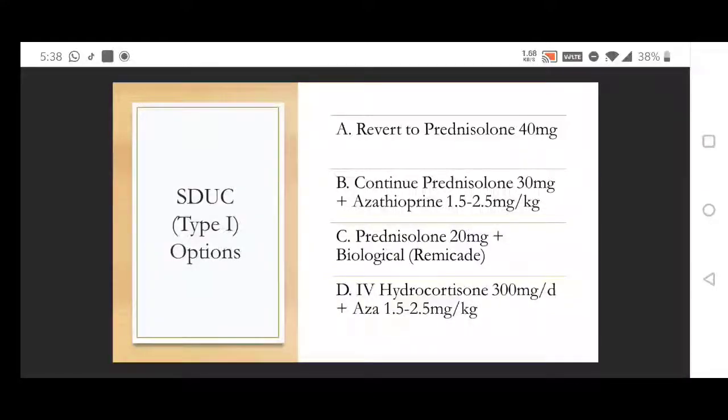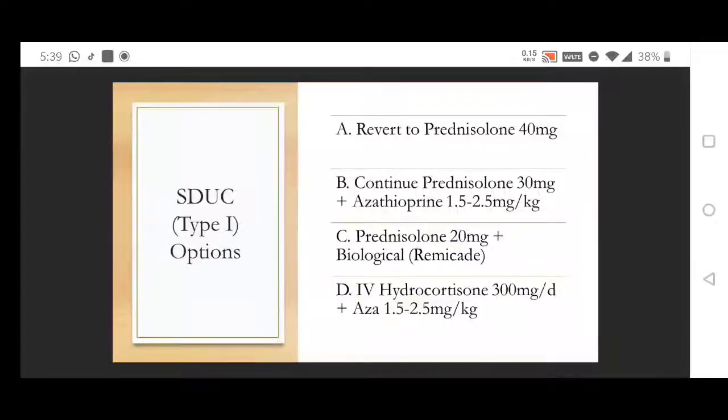So now the options. Option A, revert to 40 milligram. Option B is you step up the steroid a little bit so it becomes 30 milligram and you add azathioprine or thiopurines at this dosage.